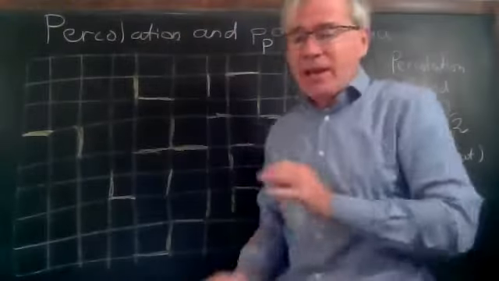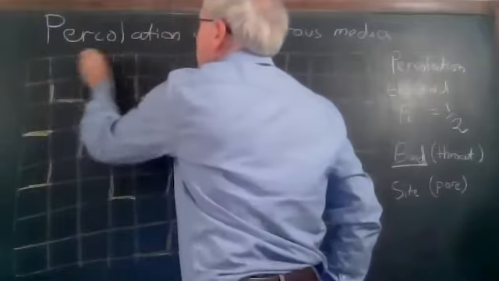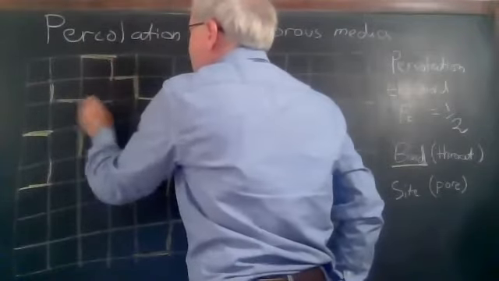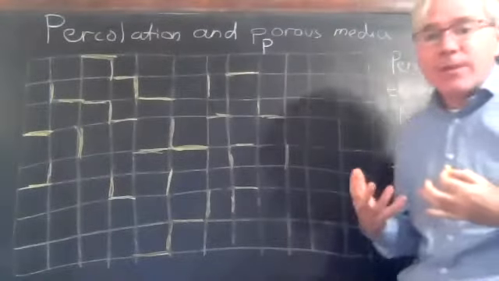Okay, so if I keep filling, I will eventually reach this critical threshold. And in this particular example, this critical threshold is in fact 1/2.